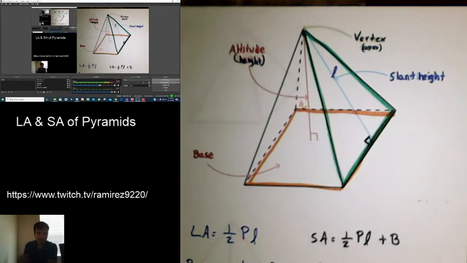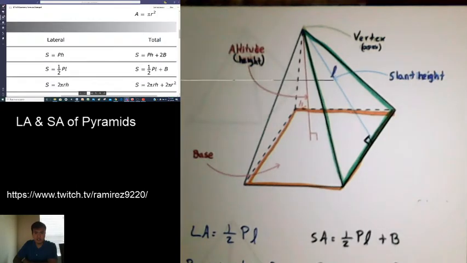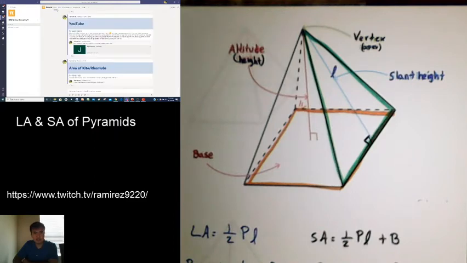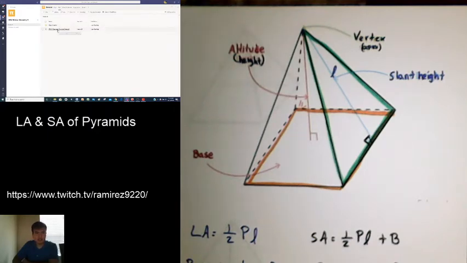So a few little things you're gonna need to know. You could see just by looking at our formula, the lateral area formula and our surface area formula. And again, these formulas, guys, are provided on Teams. If you just go to the geometry class and then just go to files, it's going to be right here, star geometry formula chart.